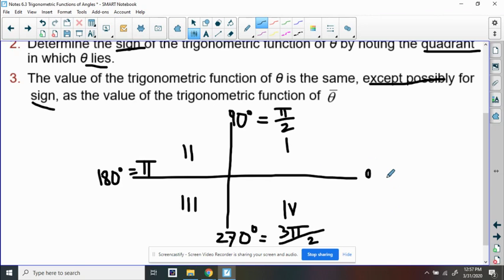If you go around the full circle, you are at 360 degrees or 2 pi.